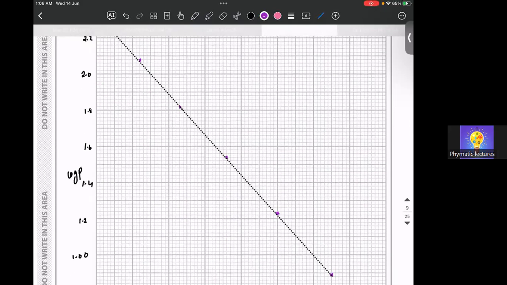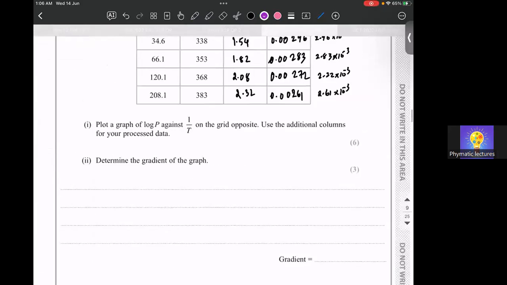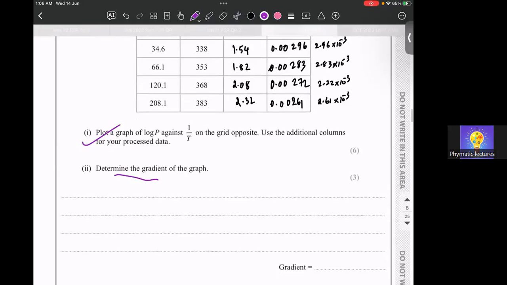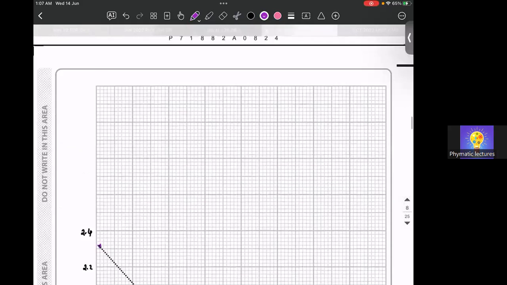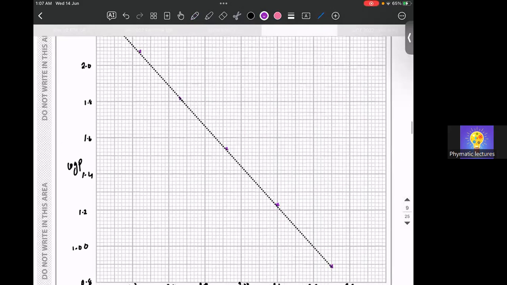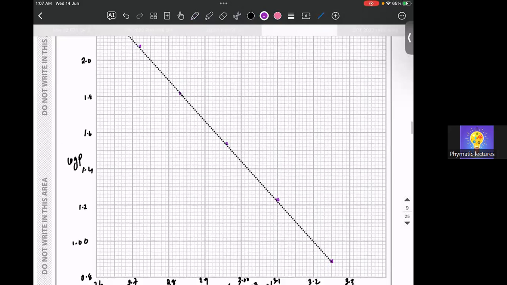Okay, fine. Now, after drawing the line of best fit, determine the gradient of the graph. So how will we find the gradient? Rise over run. So we take 2 points randomly and then find the rise over run value.